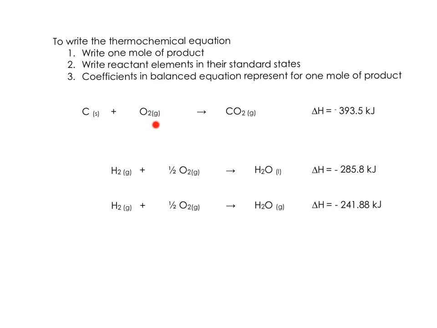It's a diatomic element, and it's a gas at room temperature. And then you make sure it's balanced, same number of each atom on both sides. And then you can write your thermochemical equation by adding your enthalpy term. Notice that here it's kilojoules, not kilojoules per mole. Thermochemical equations don't have kilojoules per mole.